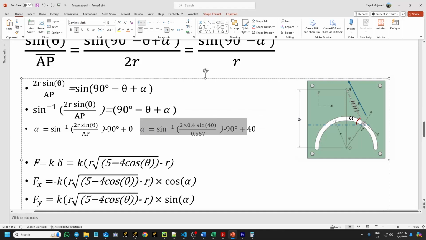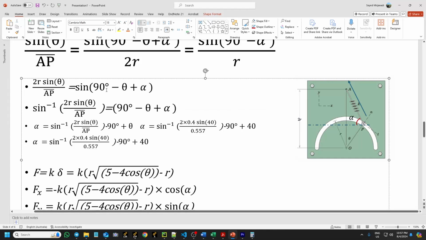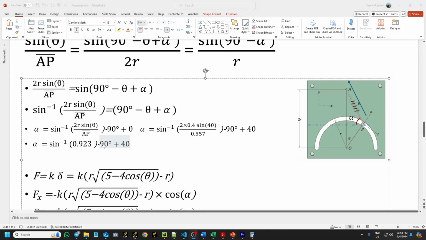So alpha is equal to, the next line, and 14 and minus 90 will be 50.